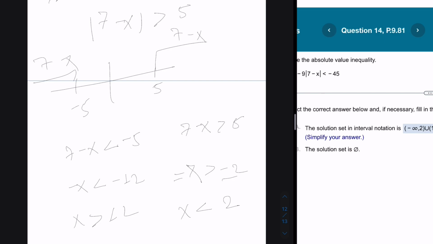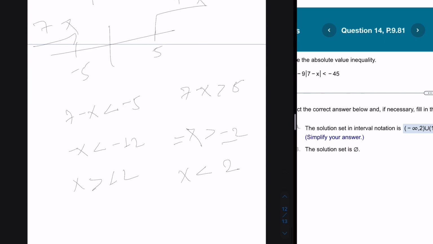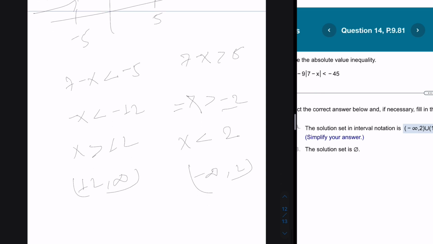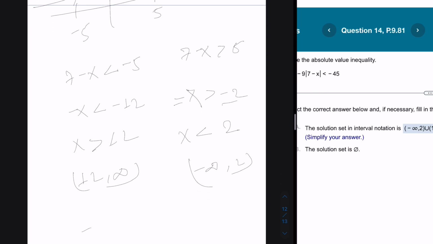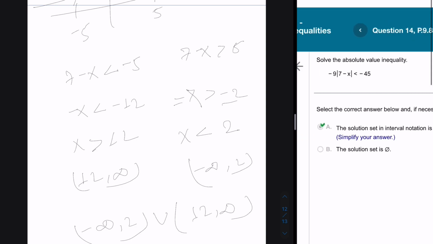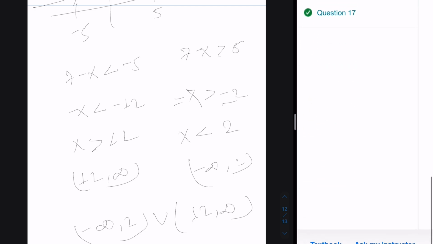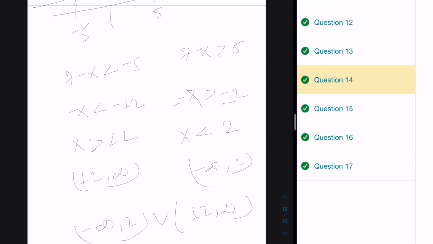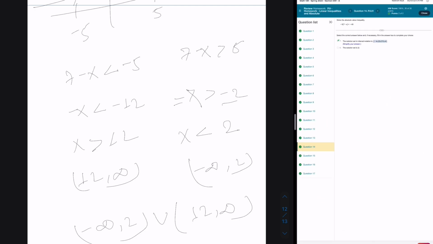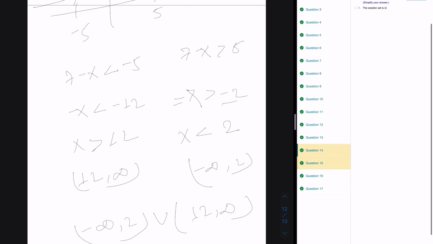If we are multiplying or dividing, then the inequality changes. So from here we have an interval which looks like this, and here we have an interval which looks like this. So the solution set is minus union 12. Oh, which question is this? Question number 14. Okay. Question number 15.